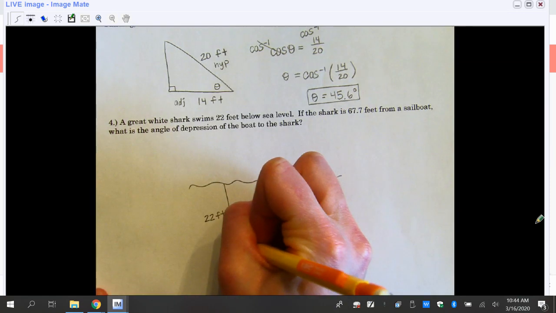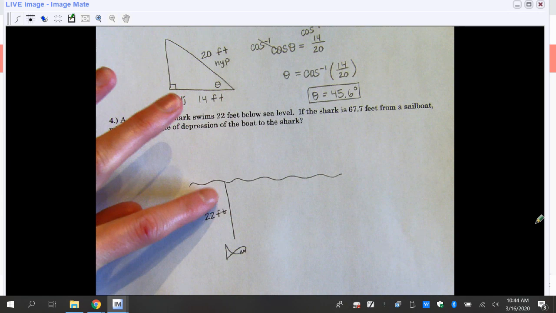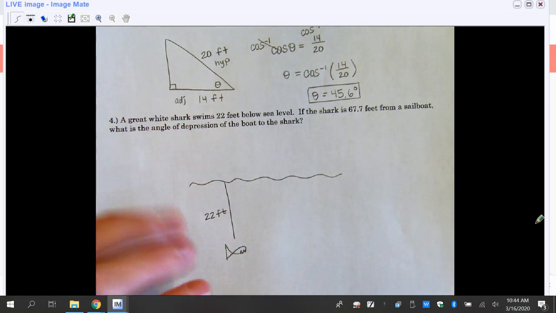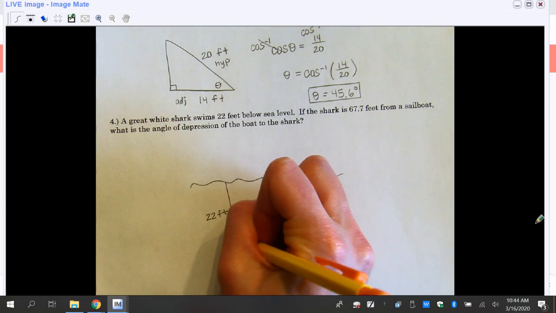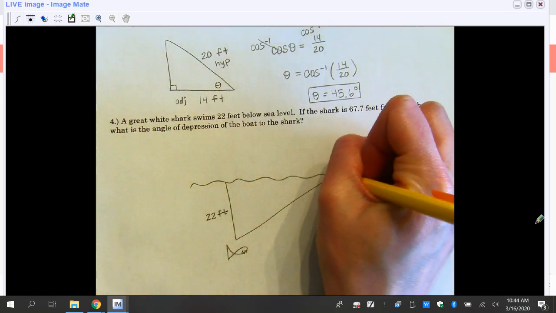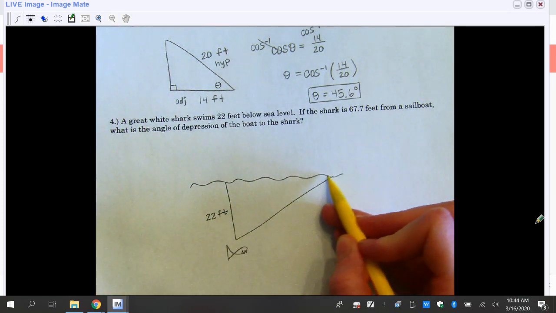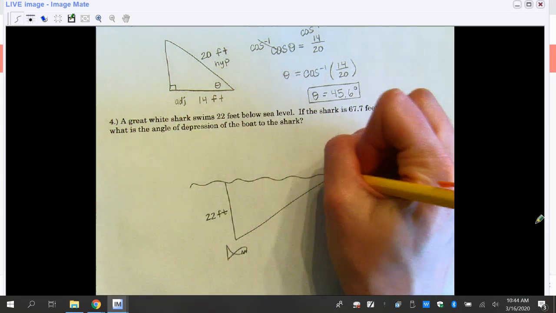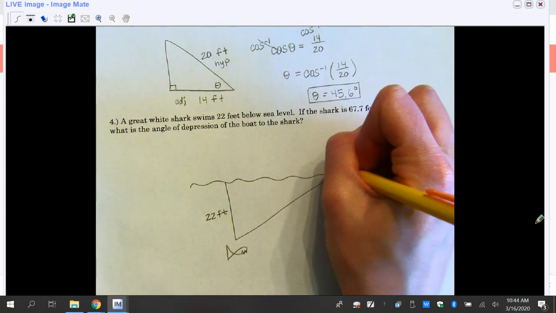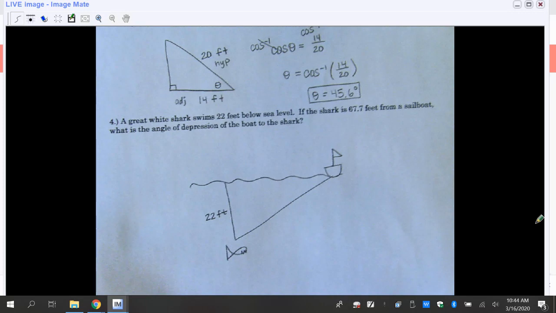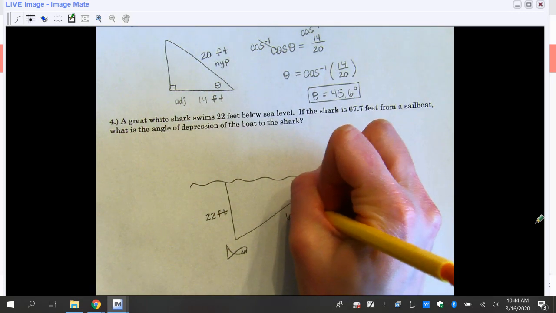So again, I drew my vertical distance here because that's how you describe below sea level. So that must mean that the distance, which should be the diagonal because the shortest distance between 2 points is that straight line. So here's my sailboat. This is what is 67.7 feet.